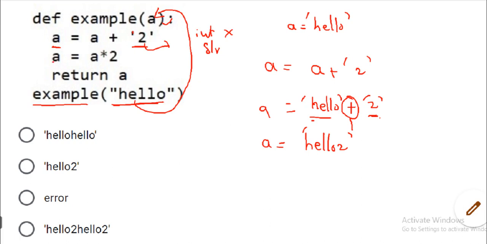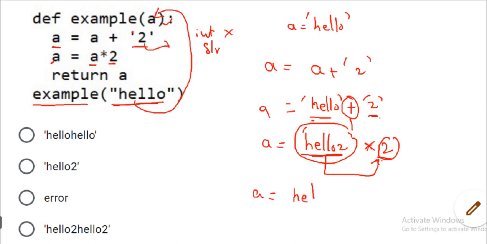Now you want to multiply A with 2. That means hello 2 star 2. Whenever you multiply a string with an integer, the string will be replicated that many times. So here you have mentioned 2 times. So A becomes hello 2 hello 2.